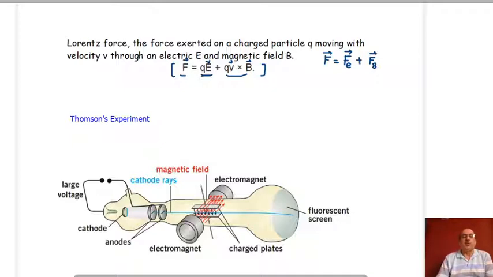Now let us consider a device that is called the cathode ray tube, or simply CRT. In this tube, we have an electron gun.